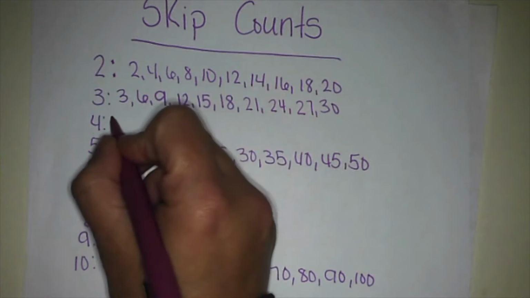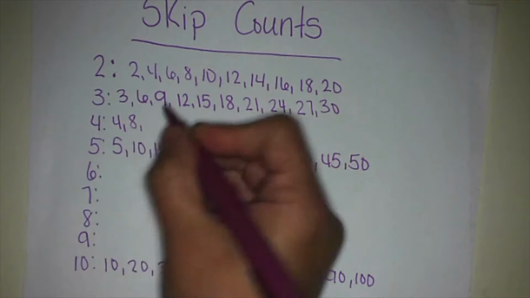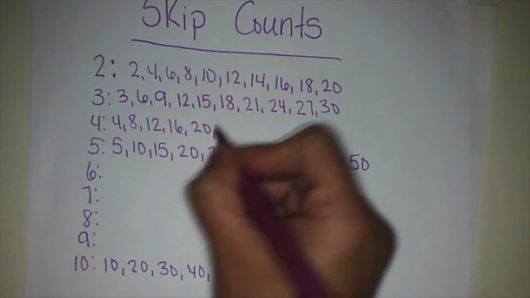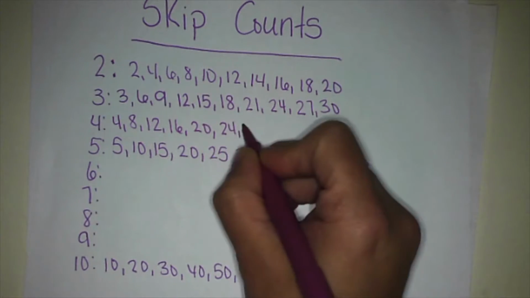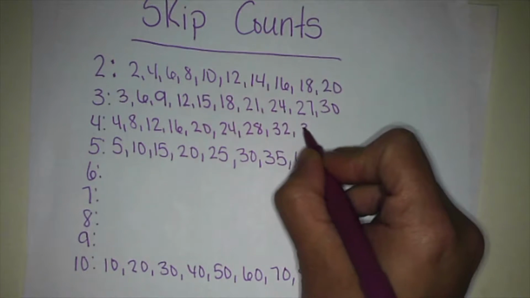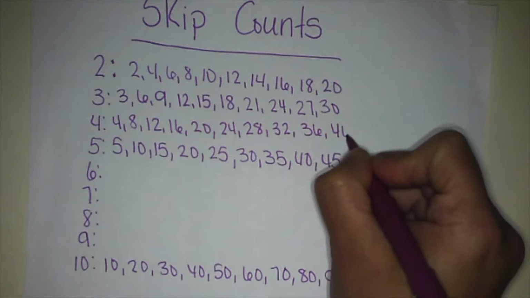Let's do a 4. 4, 8, 12, 16, 20, plus 4 is 24, 28, 32, 36, 40.